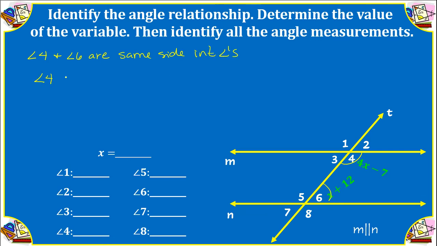Therefore, angle 4 and angle 6 are supplementary angles. Therefore, we can have our equation. The measurement of angle 4 plus the measurement of angle 6 is, I shouldn't say congruent. Let's erase that.